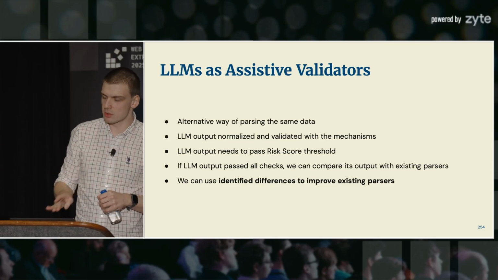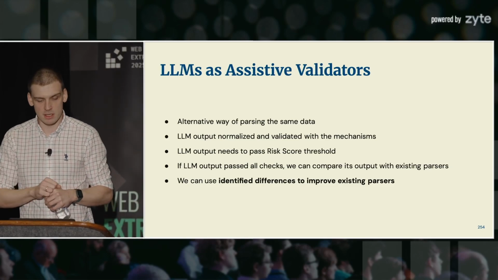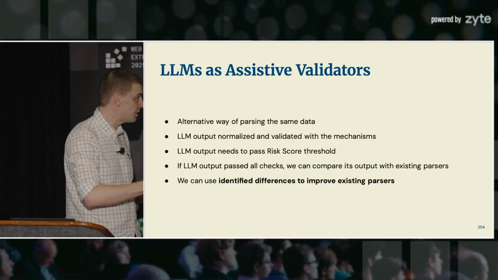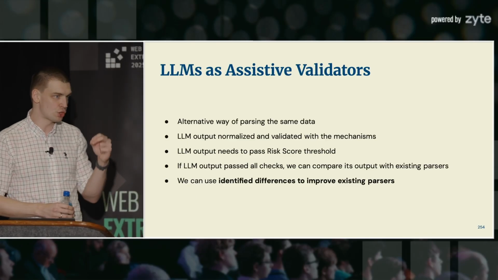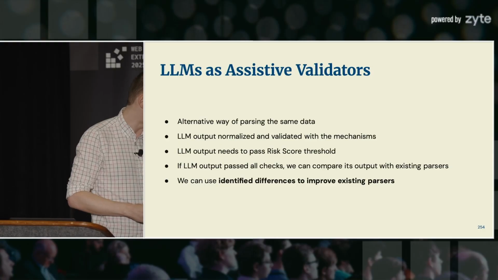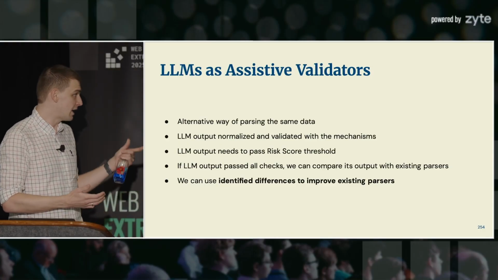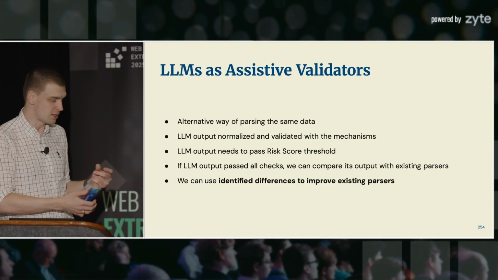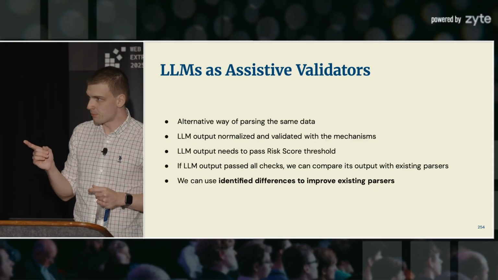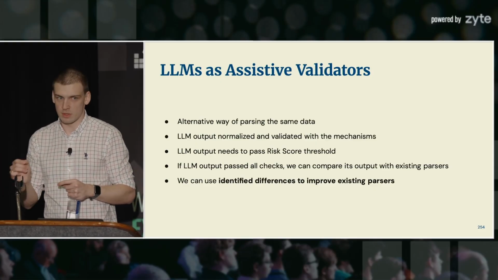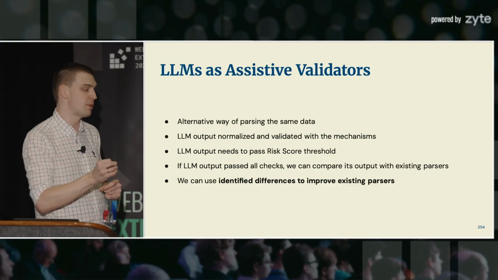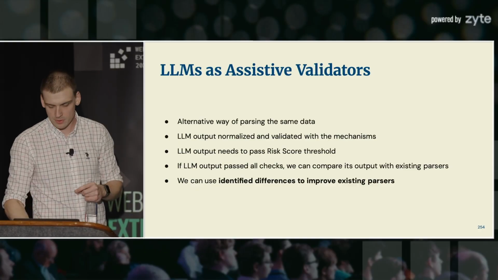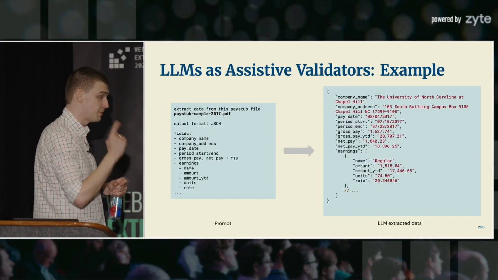But before doing this, we need to normalize LLM parsed data using the same normalizers and validators, and apply the same risk score, so we can build initial trust in the data that we compare. This way, we can identify differences and trust these differences. But remember, LLMs can do math, so they can fabricate consistent totals that don't actually appear on the documents. But they are really good at parsing PDFs.